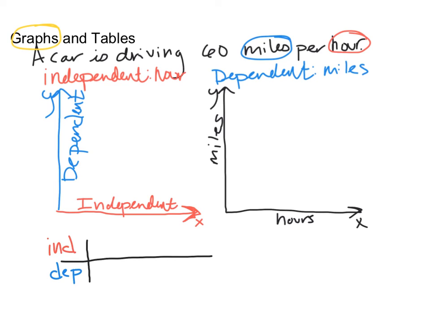Or if you were doing an up and down table, you would have the independent variable first and the dependent variable second. Now it's really important that you do it correctly for the graph, but the table is less important. Not everyone even knows that they're supposed to be set up that way. So it's super important that you do it correct for the graph, but for the table, not as important.